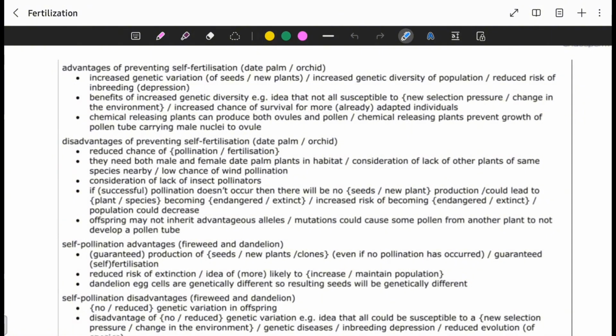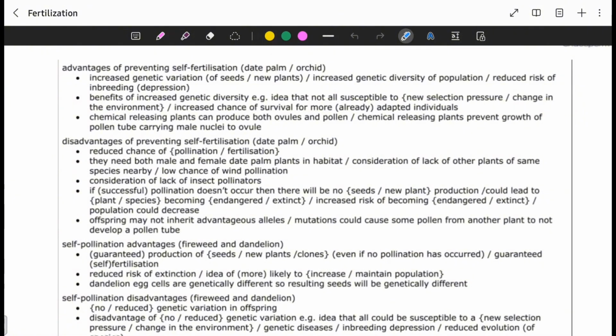And for increased genetic variation, if there's a change in the environment or a new selection pressure, let's say the environment suddenly becomes hotter or tall trees are growing, then if there is variation, there will be a chance that the selected one is already there in the population.